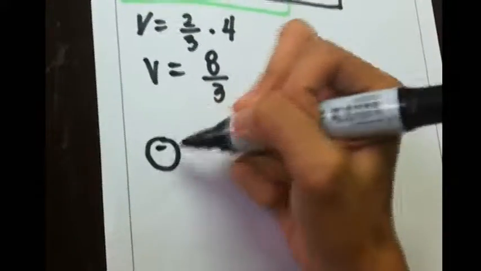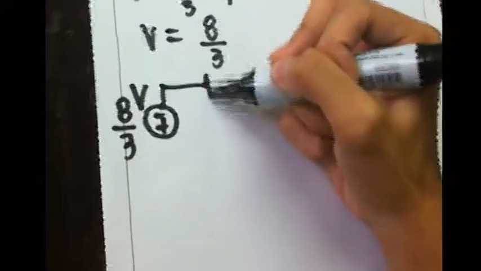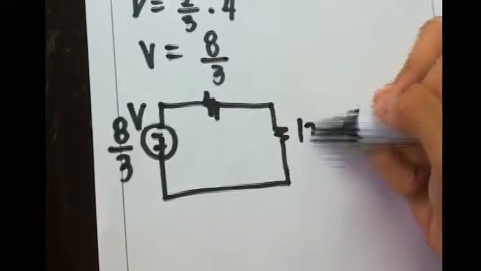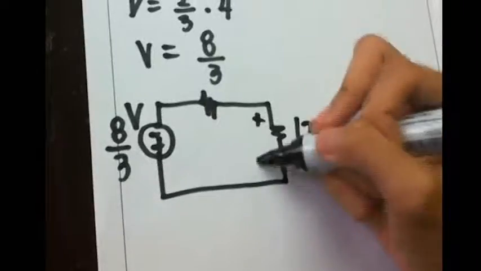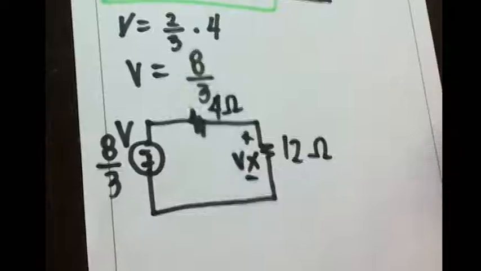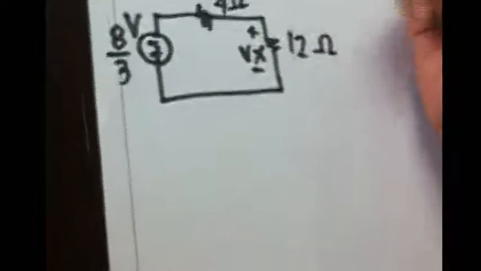Drawing the circuit, and to get Vx, we use the voltage divider law.